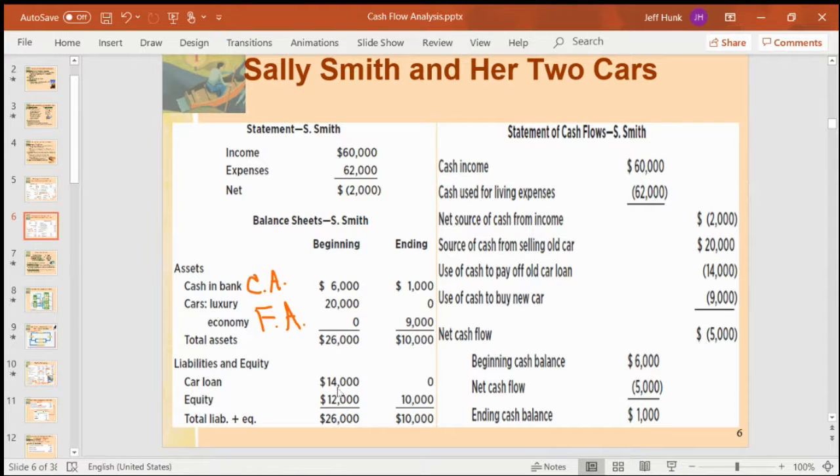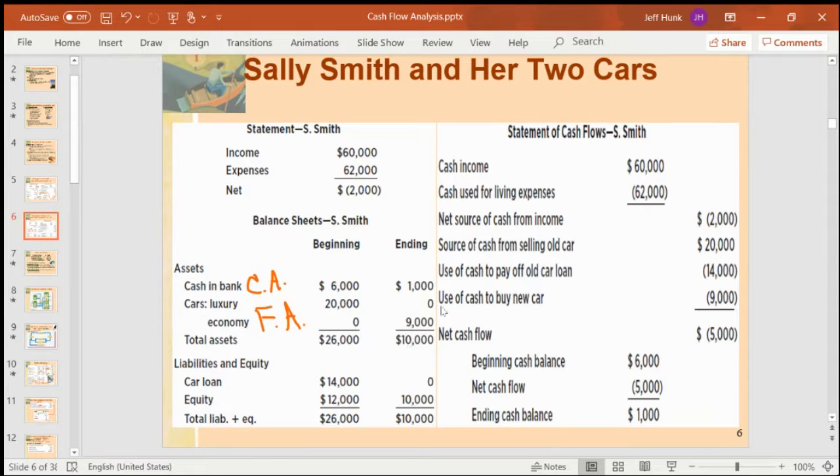So she had a loan balance of 14K, which is liability, and she has existing equity of 12,000. So her total liabilities and equity is 26K, which is the same thing as the assets, 26K, right?